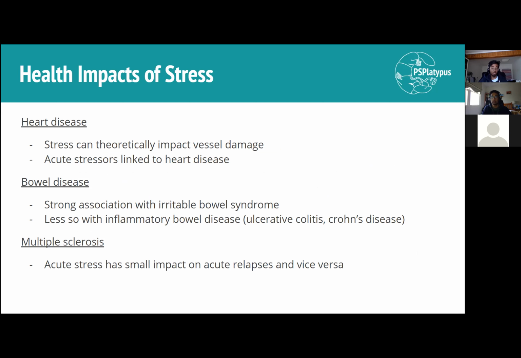So not ulcerative colitis and not Crohn's disease, but irritable bowel syndrome. I don't think you should really be fussed about the details of it and exactly how it works, but just know that it's associated with IBS, but not IBD. Multiple sclerosis, yep, so acute stress has an impact on that.